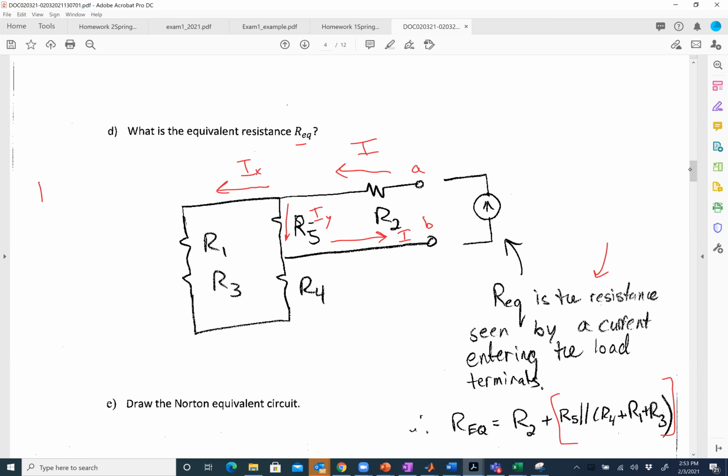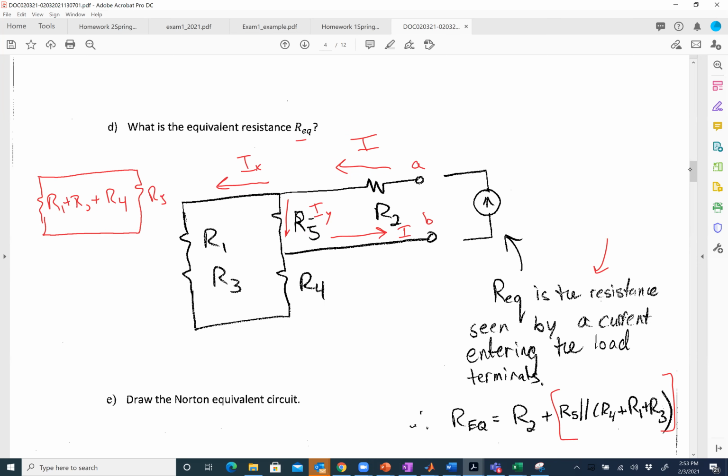Basically, if you look at it, this guy here is R1 plus R3 plus R4, right? That is all in parallel with R5, and that's in series with R2. One way I talk about this is you basically start your simplification as far away from the ports as you can.